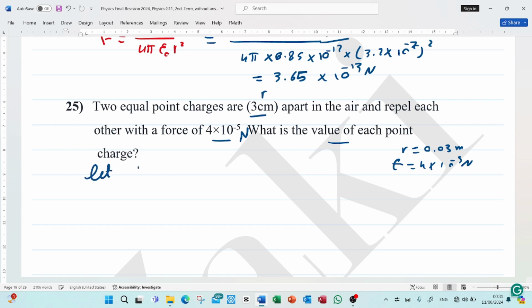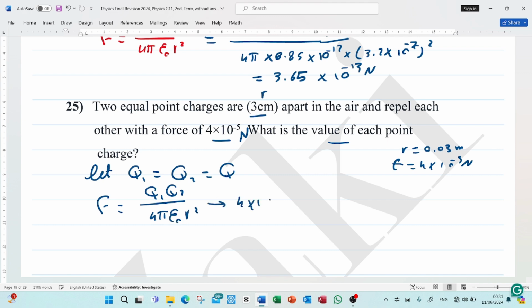So we say let Q1 equals Q2 equals Q. Then we use the formula F equals Q1 Q2 over 4 pi epsilon naught R squared. Substitute.